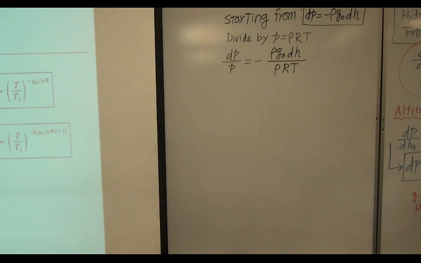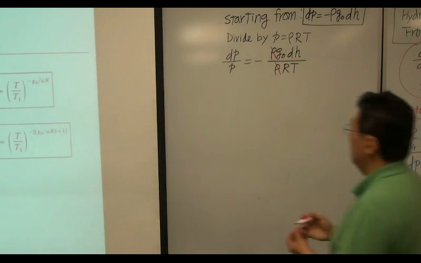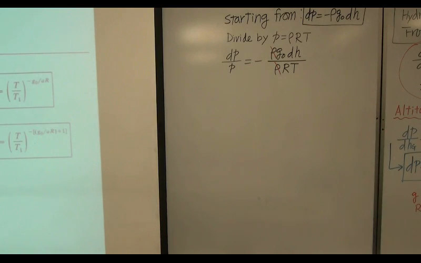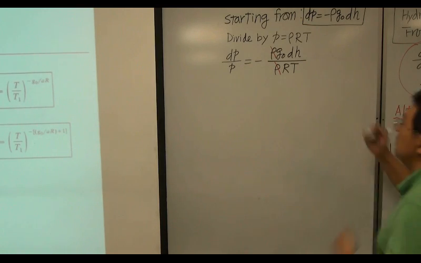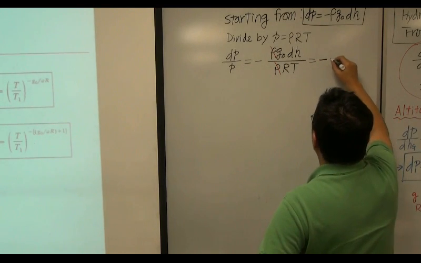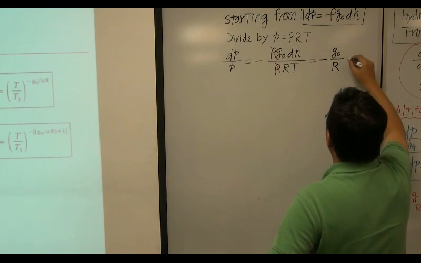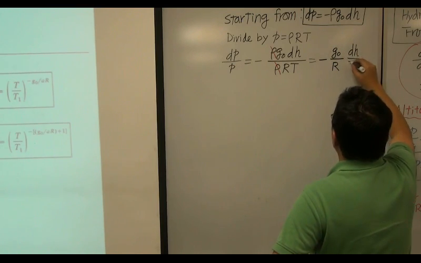So what happens here, density goes away. You don't have to worry about the density anymore. So the right hand side now becomes minus G0 over R dH over T.